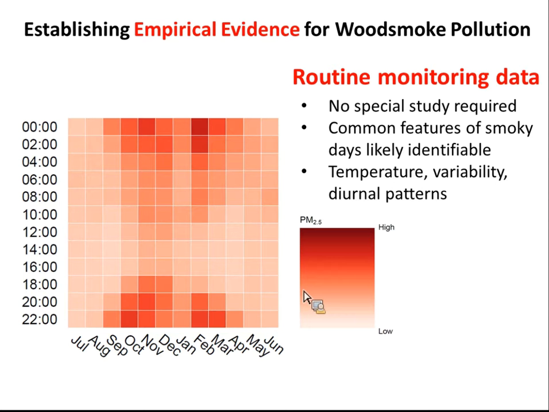We want to use the kind of information that was put into this to systematically look at all of the areas in BC where PM2.5 is measured and to rank communities with respect to their relative smokiness. A, so that we can generate a little bit more information about what the impacts are in the province, and B, so that we can better communicate with the communities about what the impacts are locally.